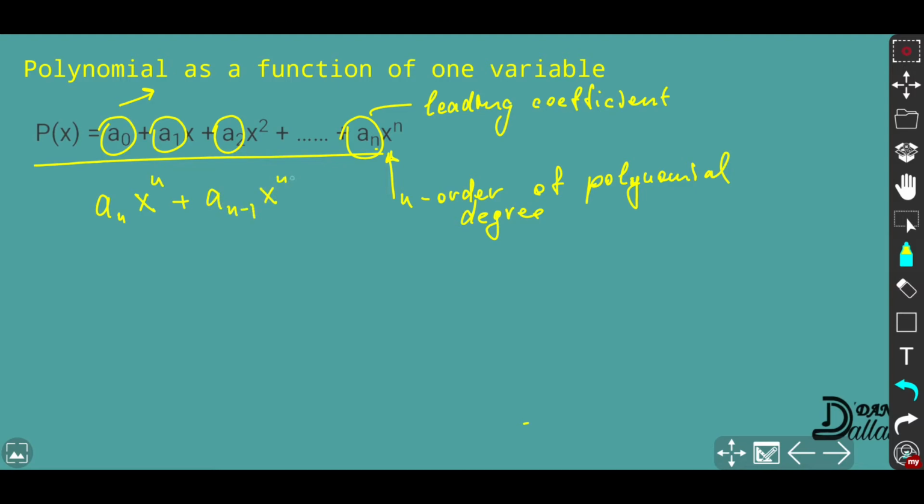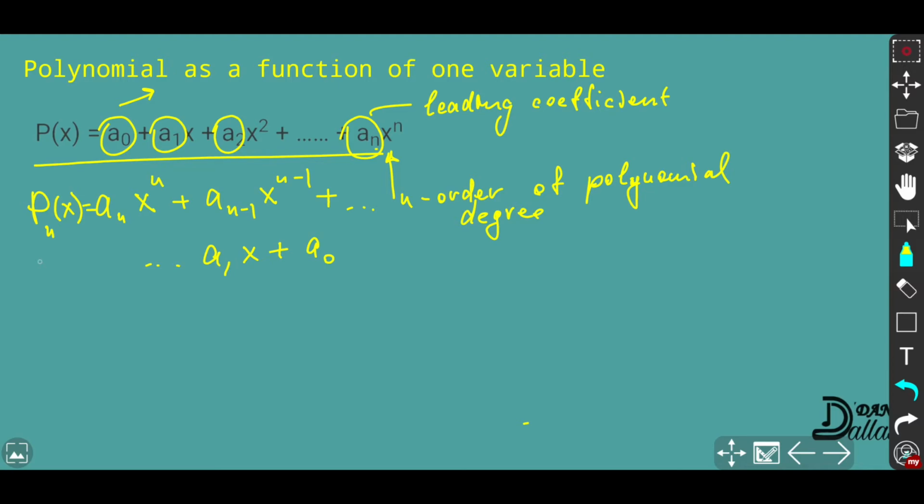So those are the more general writings. Okay, and plus then you skip and add the pre-last term, a1 x to the power 1, and plus the last coefficient a0. Okay, so that's the general writing of a polynomial of order n or degree n of one variable.